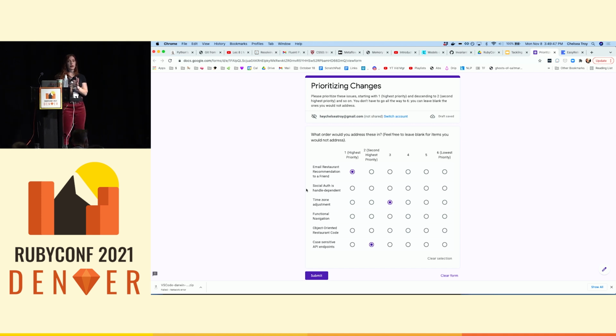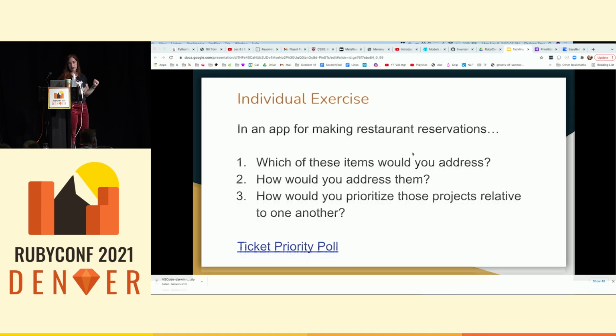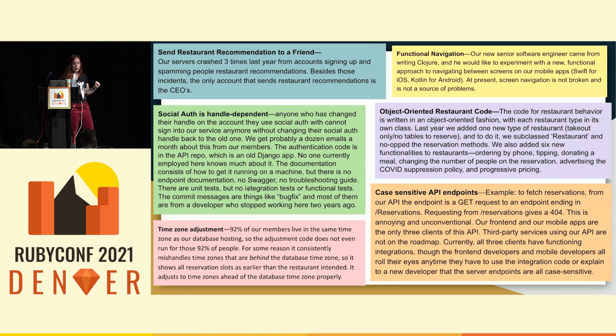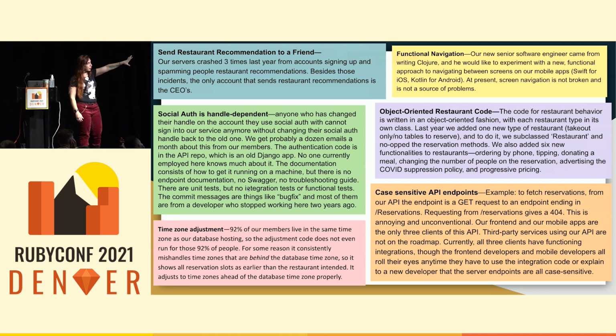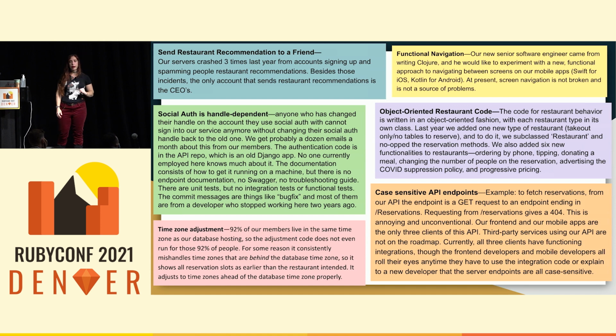After I give you some time to work through this, we are going to go to the charts that show what your collective prioritizations are for all these issues. And then we're going to talk about how to address them in order of collective priority. This is the exercise. On the next slide, these are the 6 tickets that you are going to prioritize.